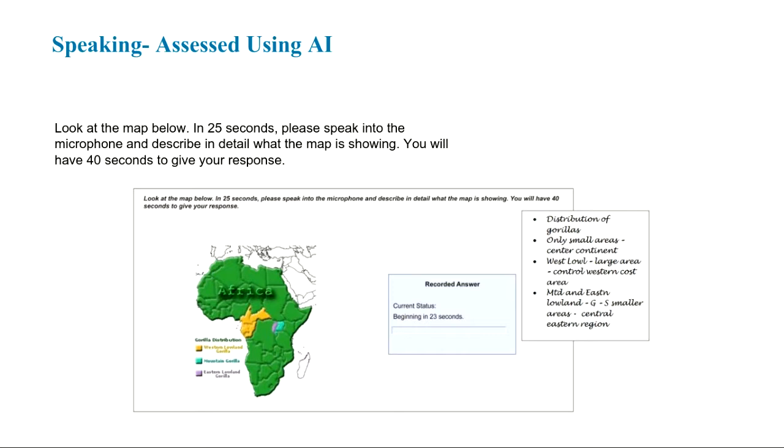It also makes the point about why AI is so crucial to the expansion of the use of technology for assessments. In this type of item, test takers look at an image, are allowed 25 seconds to look at it, and then have to speak for 40 seconds and describe what they see, and their voice is picked up and sent for assessment.